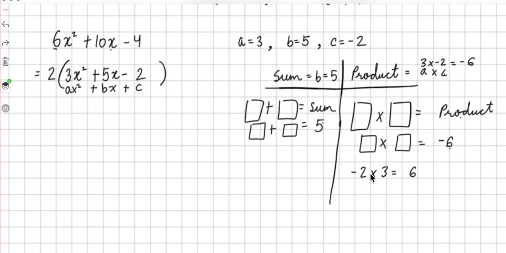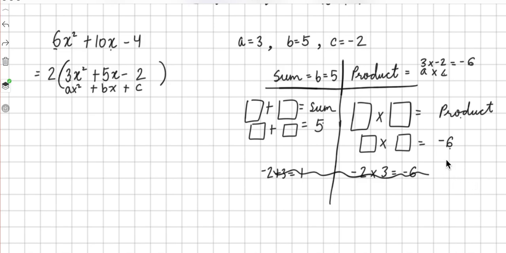One of them will be negative, maybe 2 or 3. Why did we pick 2 to be negative here? Because the sum is positive. If the sum is going to be negative, then the bigger number is going to be negative. So negative 2 times 3 will be negative 6, and when I add negative 2 and 3, that's going to be positive 1. So definitely the sum should be 5 here, not 1. So this is not working here.